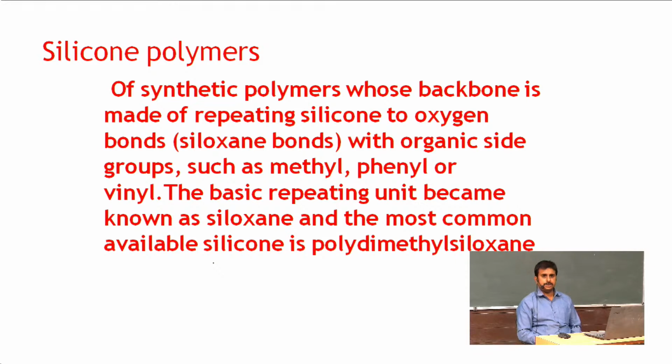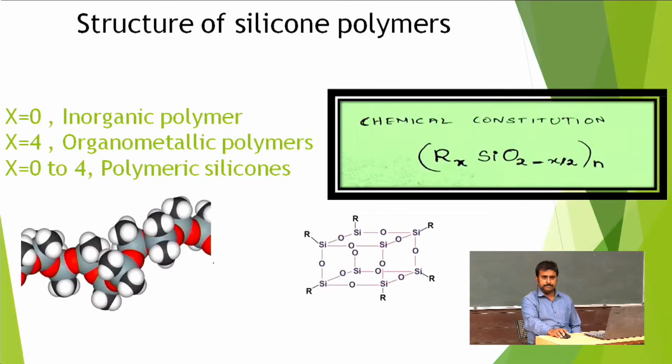We will look further at how it looks. Now, what is the structure of silicone polymer? This is the basic structure I would like to explain. We have silicon attached to oxygen, silicon, oxygen, so we have a repeated unit of silicon oxygen bond.